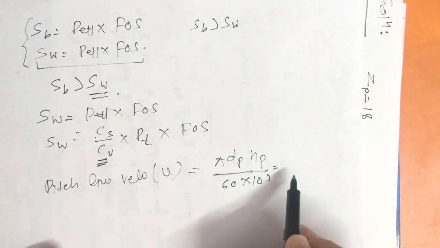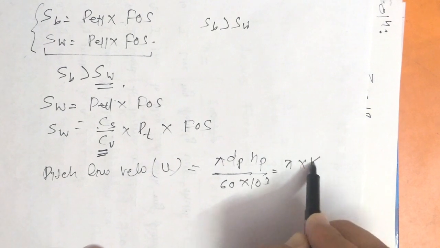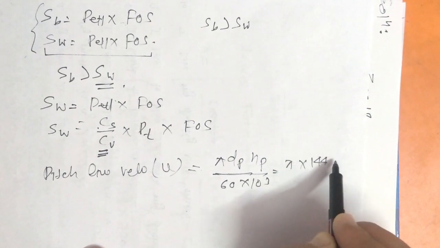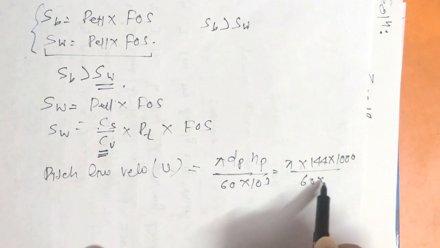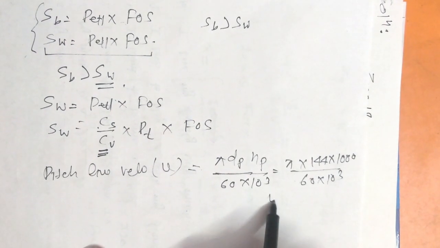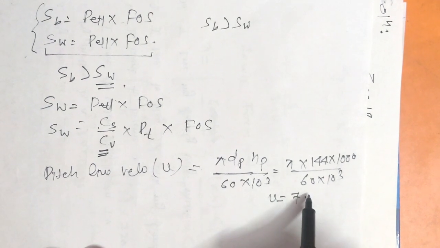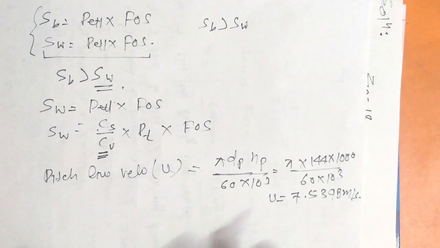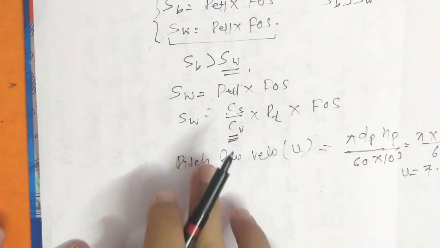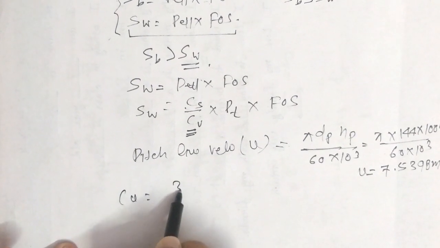So pi times dp is 144 and np is given as 1000, divided by 60 into 10 raised to power 3. So v becomes 7.5398 meter per second.